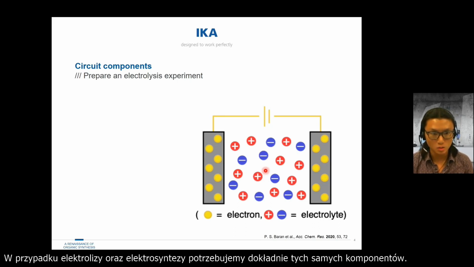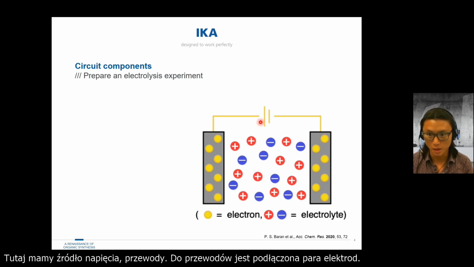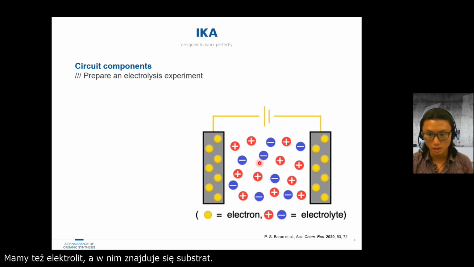Electrolysis. And that is why for electrosynthesis, we require the same components as electrolysis. Here we have a power supply, we have wires, we have a pair of electrodes, and we have a conductive solution that also contains the substrate.